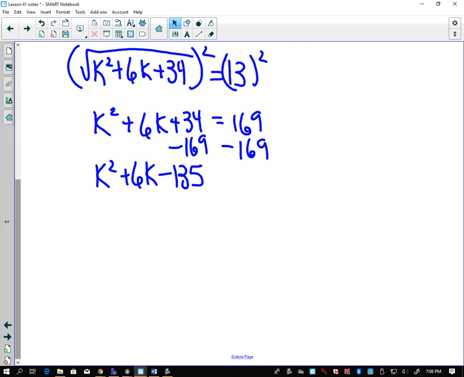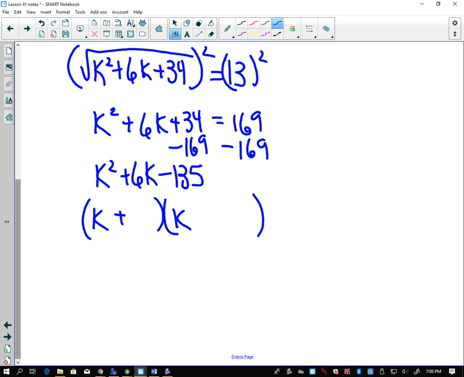Now let's see if we can factor this. We put a k here and a k here. The only way to multiply 2 things to get a negative is to have a positive and a negative. We need things that multiply to be 135. We know it divides by 5, but that gives you 5 and 27, which have a difference of greater than 6. We need something with a difference of 6.